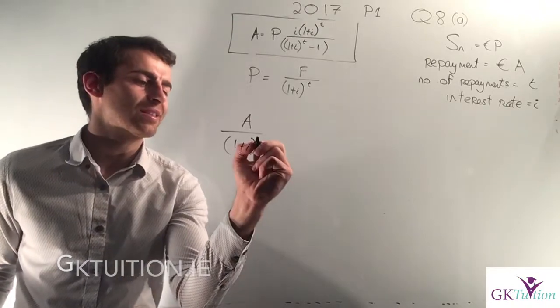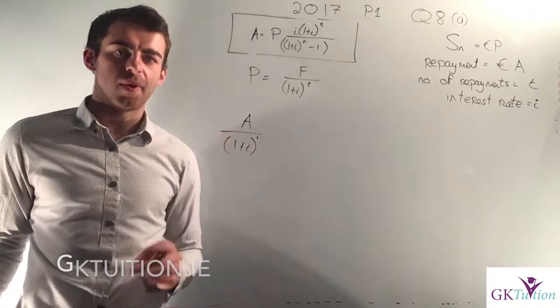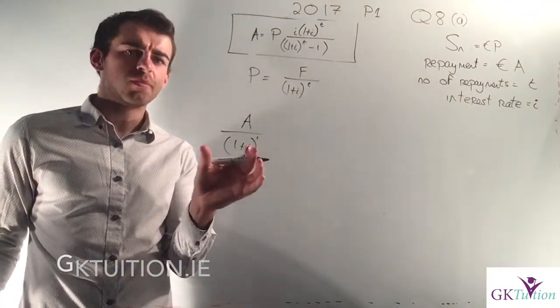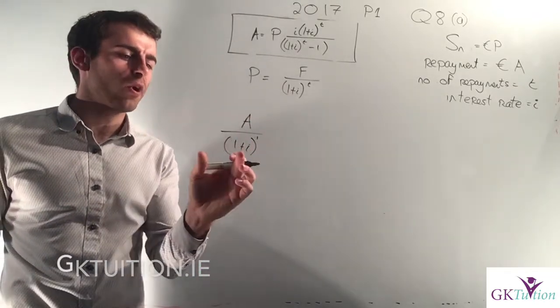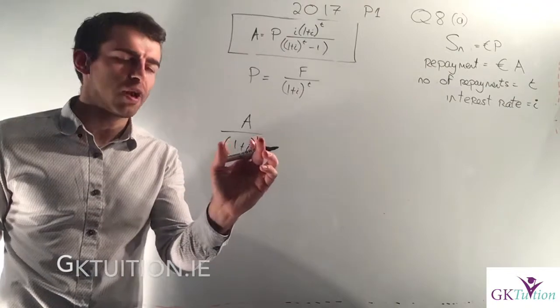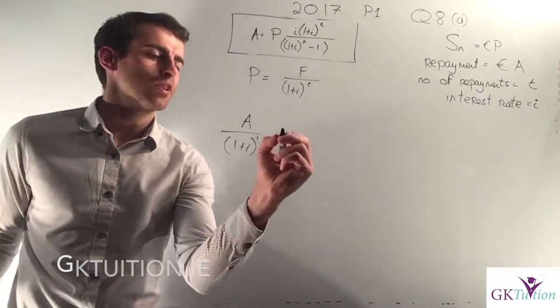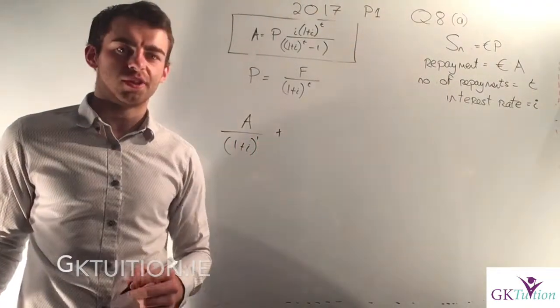And in this case, this is the first repayment, so it's to the power of 1. So my very first repayment is the amount of the repayment divided by 1 plus I to the power of the repayment number. So that's my first term in my geometric series.